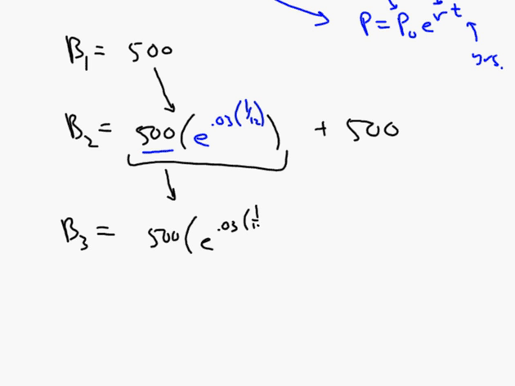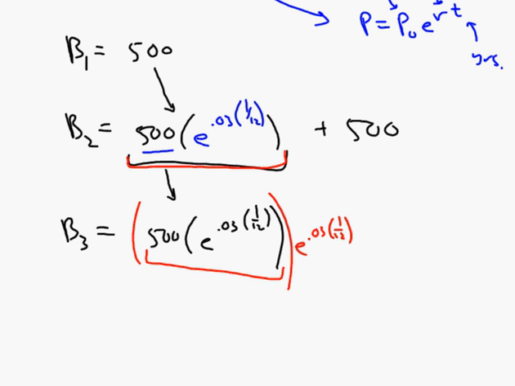This whole amount of money again gets multiplied by e to the 0.03 times 1/12. And the reason that's happening is this investment has been in the account for another month. So that amount of money gets multiplied by this.